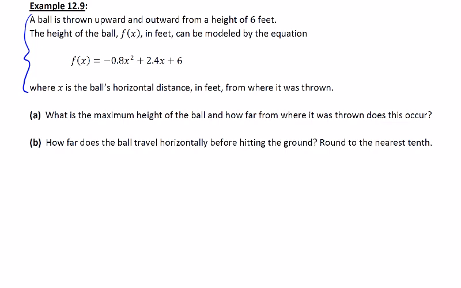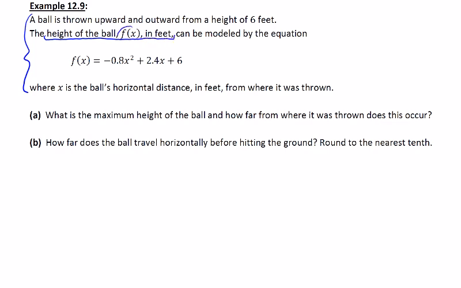It says a ball is thrown upward and outward from a height of 6 feet. The height of the ball, comma, f of x, comma, in feet. So I'm going to go ahead and underline all of that. Height of the ball, f of x in feet.